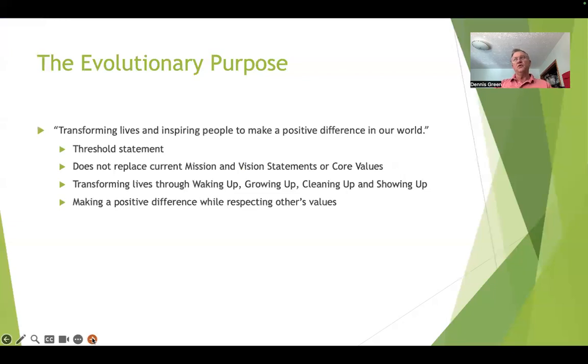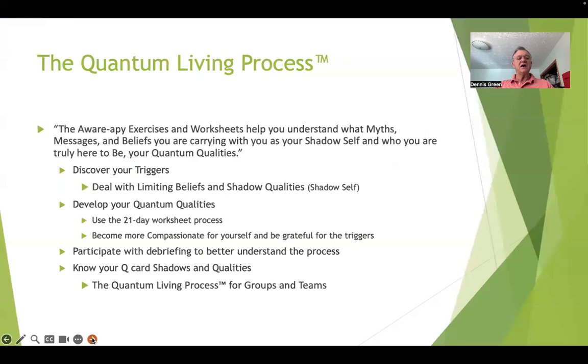Through the evolutionary process and through the integral ministry practice, we will give you insights on how to do that. One of the tools that we have is the quantum living process. We go through this with awareness exercises and worksheets that help you understand what messages and beliefs you're carrying with you as your shadow self, and who you are truly here to be, your quantum qualities.